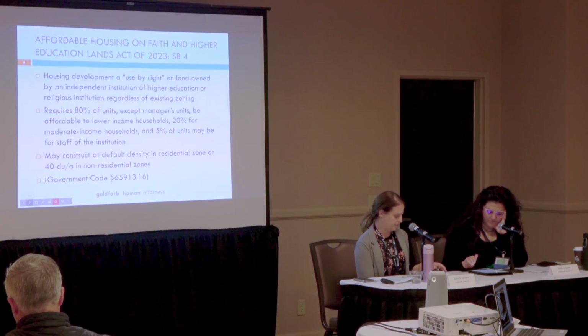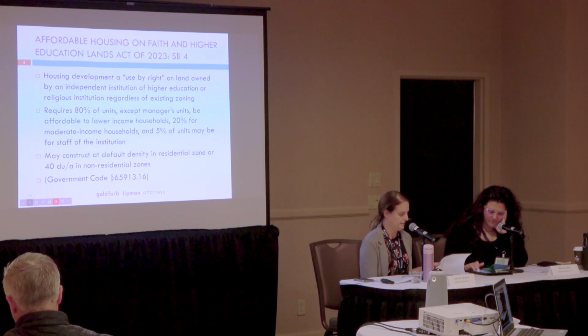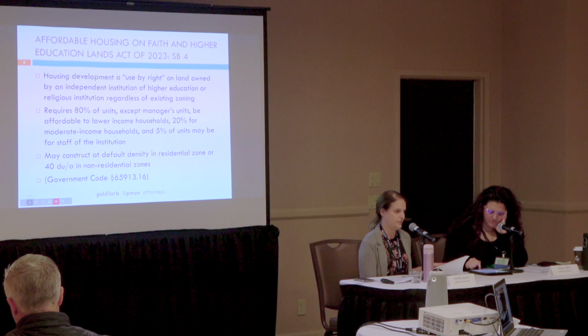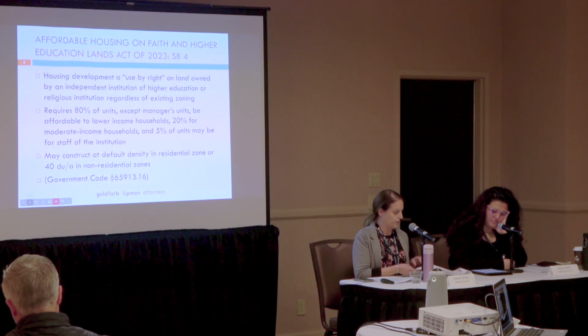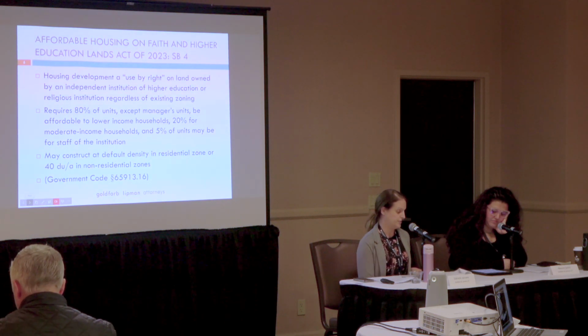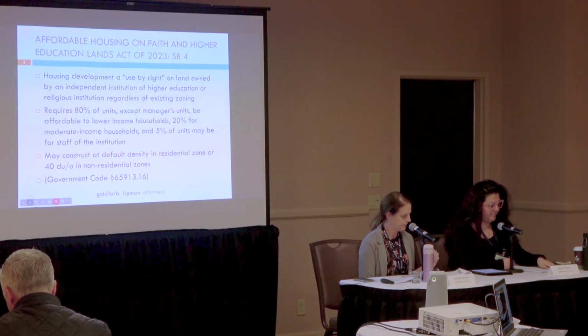So for an incorporated city in a non-metropolitan county, or for a non-metropolitan county that has a micropolitan area, that is 15 dwelling units per acre. For an unincorporated area that is not a metropolitan county, it's 10 dwelling units per acre. For a suburban jurisdiction, it's 20 dwelling units per acre, and for a jurisdiction in a metropolitan county, it's 30 dwelling units per acre. So regardless of what the residential zone allows, if you're developing one of these projects, you get to have one of those densities.